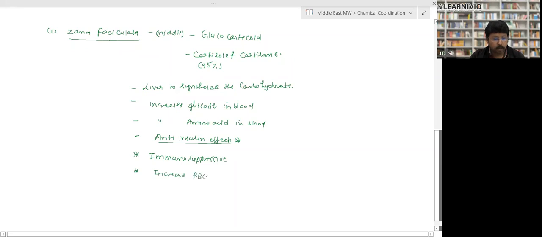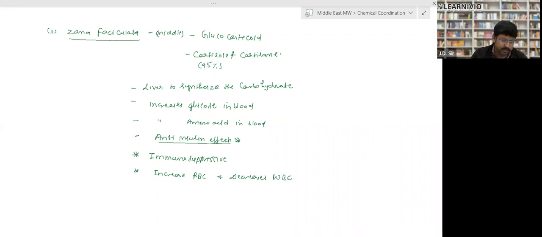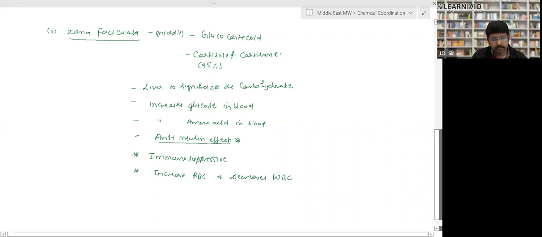Next point, it increases RBC count in the body and decreases WBC count in the body.